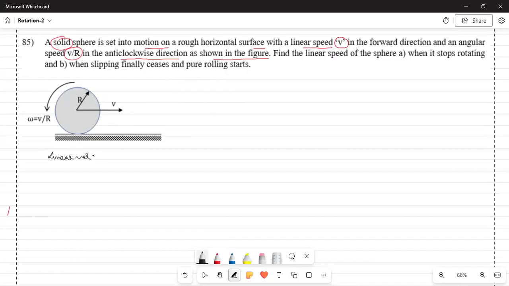Linear velocity v acts to produce a clockwise angular motion.